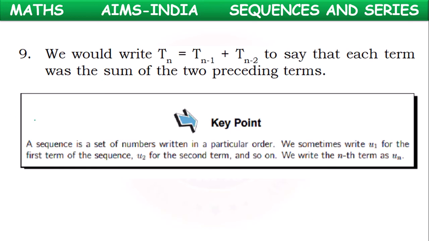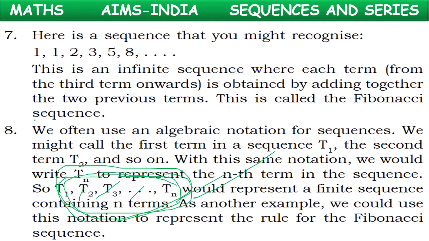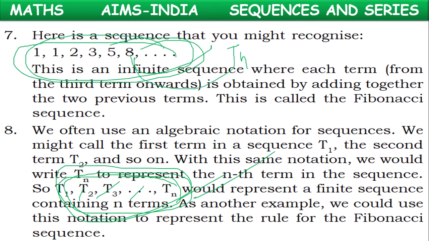Suppose here, if you take this Fibonacci sequence, 8 is the nth term. Then what is the relation between the terms in the Fibonacci sequence?